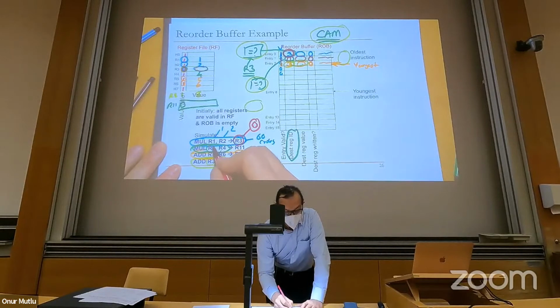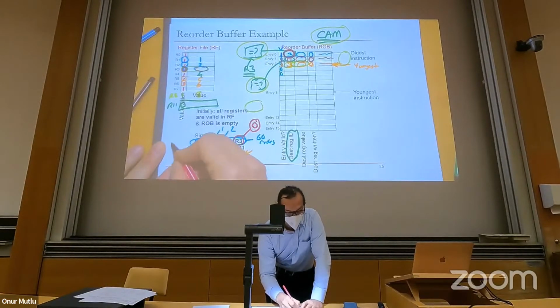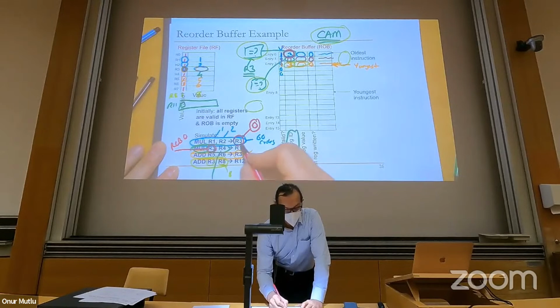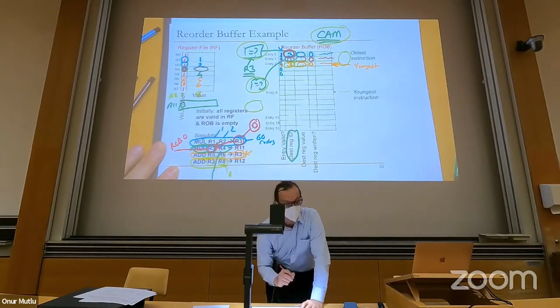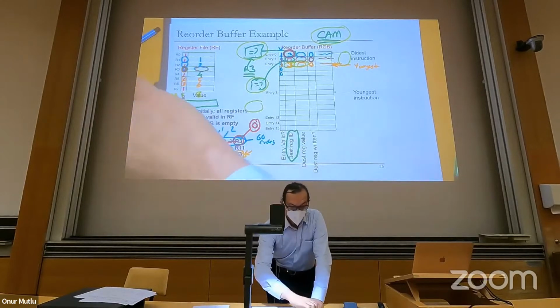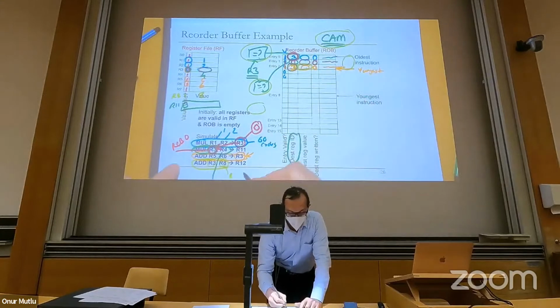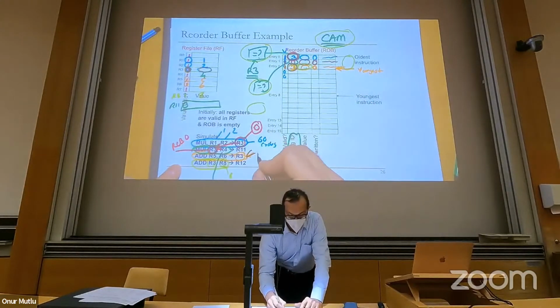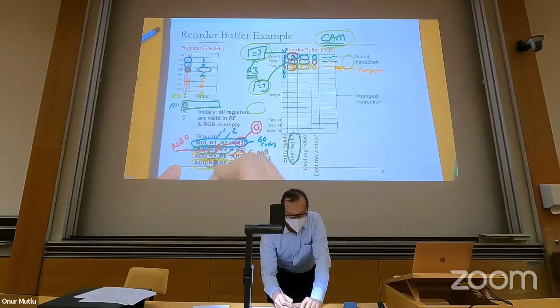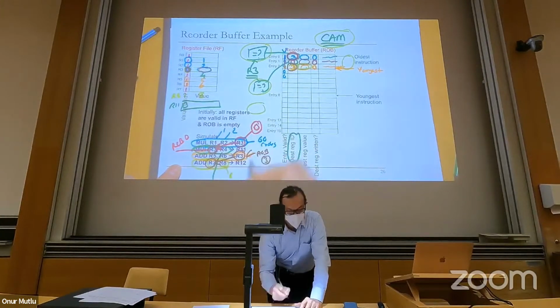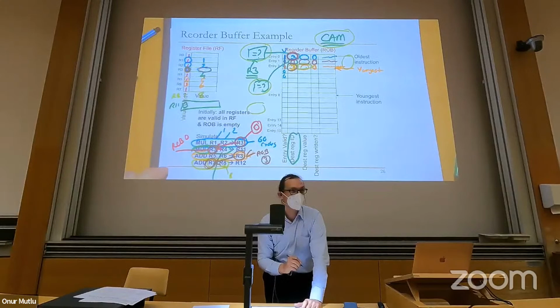The second dependent instruction should get its value from reorder buffer entry 0. So we've linked this producer to this consumer. There's another R3 over here, which is produced by ROB entry 3. And the later instruction, ROB entry 4, is going to get that value. So we've linked this producer instruction to this consumer instruction.